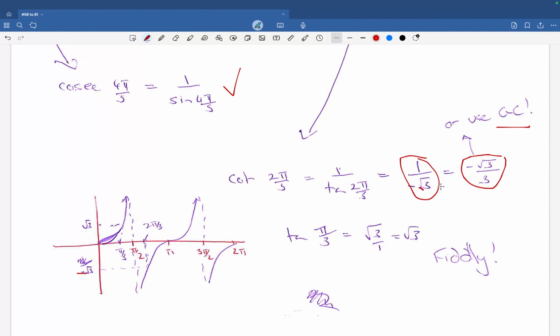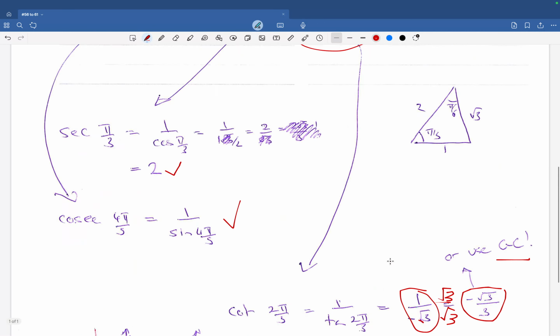So basically what you do is you times both, okay, that's a bit hard for me to draw, so I'm doing nothing wrong here. I'm timesing the numerator by square root 3, that gives that, and that minus sign just goes to the top there. It doesn't matter where the minus sign is, top or bottom. And square root 3 times square root 3 gives you positive 3. So that is a more purist answer. Yeah, so there we have it.